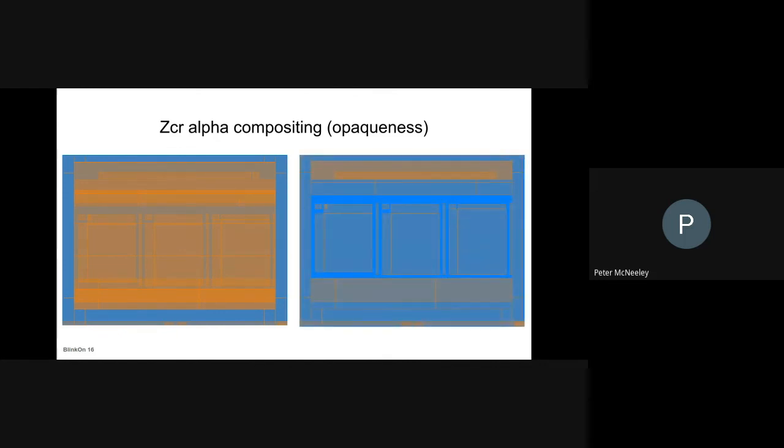So on the left in orange is the blending before this change, and on the right, noticeably less orange, is the amount of blending after. Notice some parts are completely blue, meaning that all of the rendering in that area was an opaque quad.